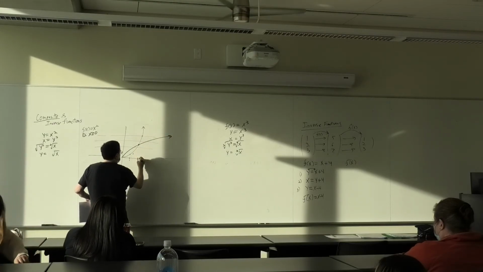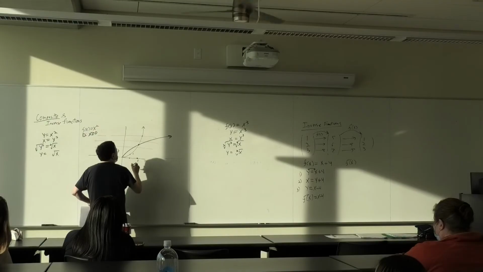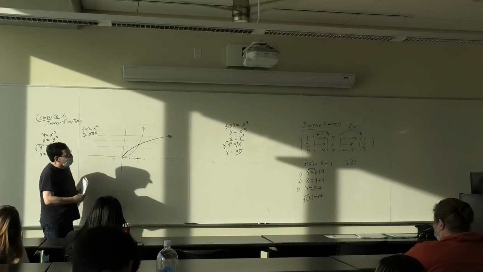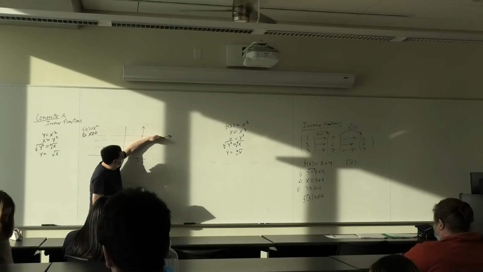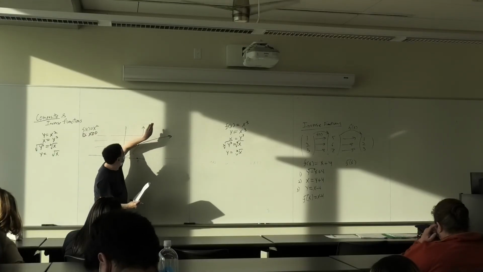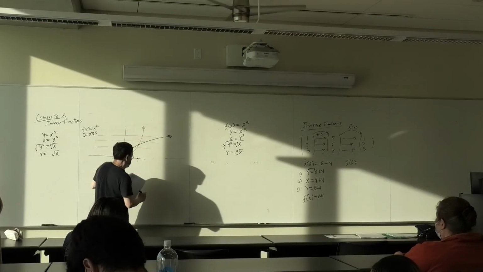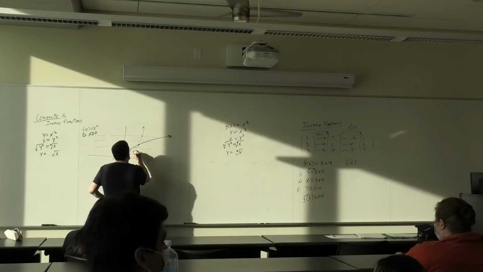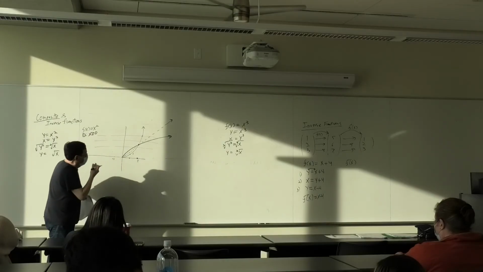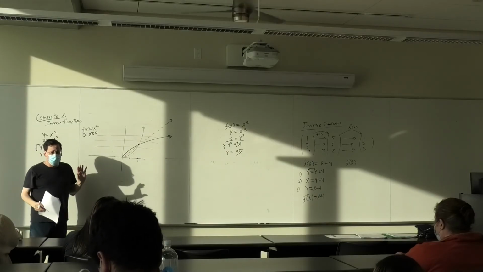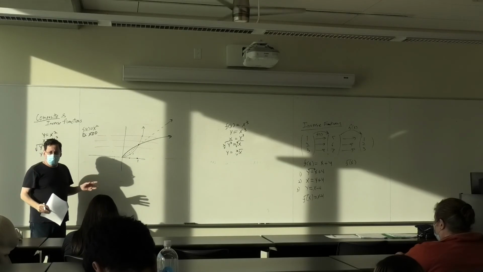Actually, at this point, we can go on here. I don't know if you can see it, but this graph is a reflection of this graph. I draw a line here as the mirror. This is always true of inverse functions.